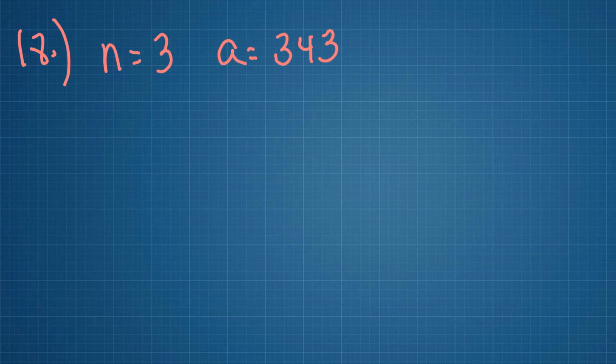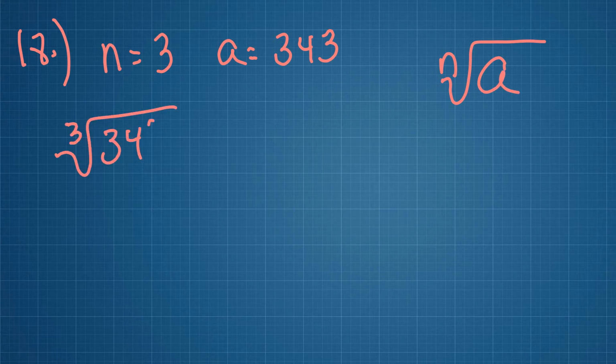Alright, in 18 they're giving you n. They're giving you a, so you're just going to plug it into that formula. So I have the cube root of 343. 343 needs to be a perfect cube.